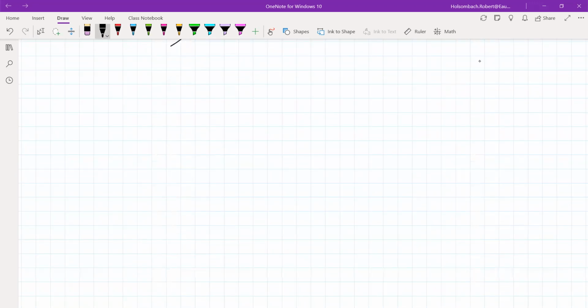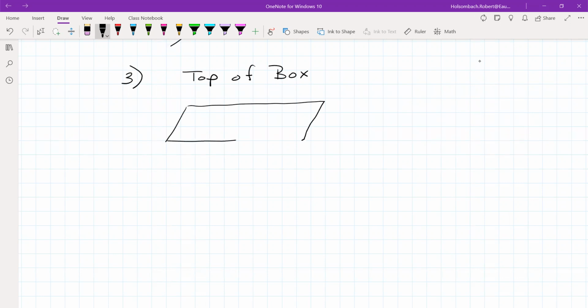In problem number 3, you are asked to name the plane represented by the top of the box. Remember, when you're describing a plane, your 3 points cannot be on the same line.